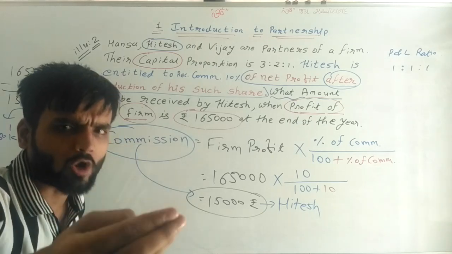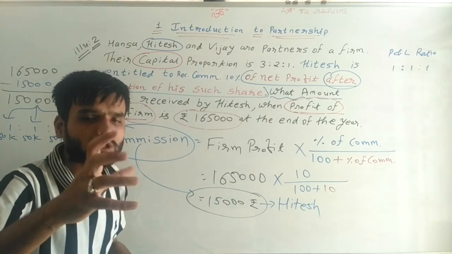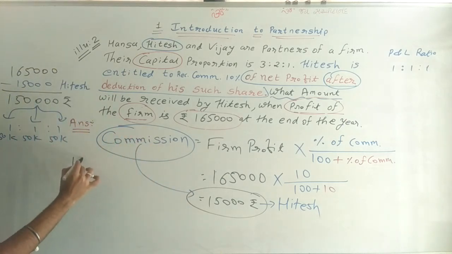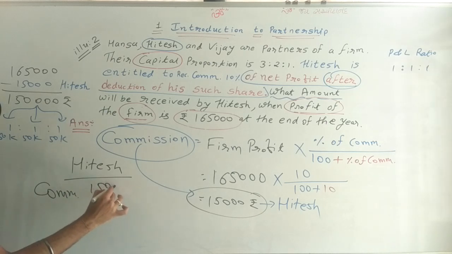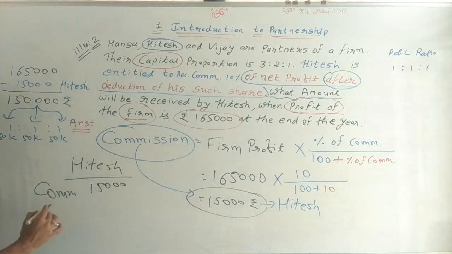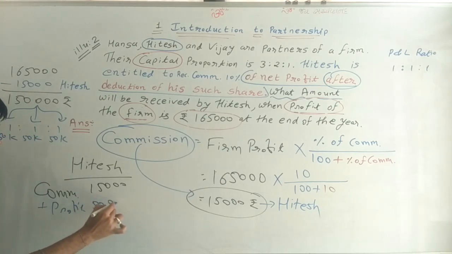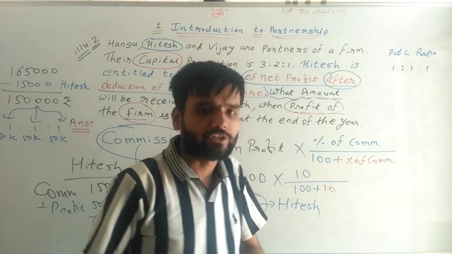But Hitesh received some more as commission. So for the total amount of Hitesh, we are writing: Hitesh received commission of rupees 15,000 plus profit also 50,000, and the total amount Hitesh received is 65,000.